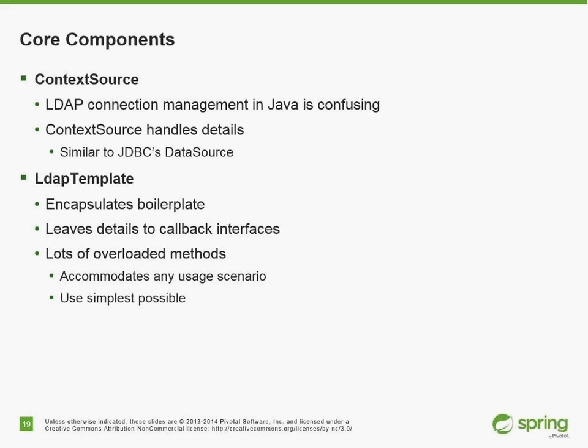The general idea is that anything you are able to do in plain Java LDAP programming, you should be able to do using LDAP template as well. But when you're using it, make sure that you use the simplest possible method signature you can find, because there are many ways to do the same thing, just as with JDBC template.